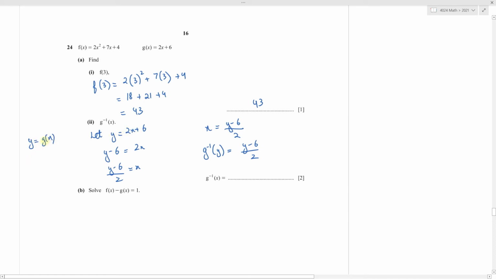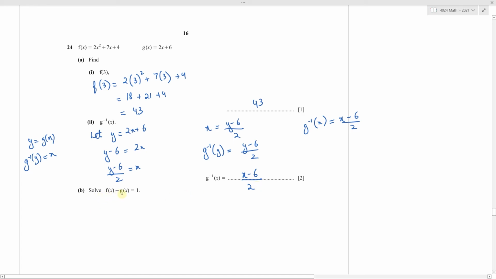So if I take this g to the other side, g inverse of y equals x. So that's what I'm using here. I substitute x with g inverse of y, and now I have g inverse of y equals this. So to find g inverse of x, I'll simply substitute y with x here. So g inverse of x is x minus 6 over 2.